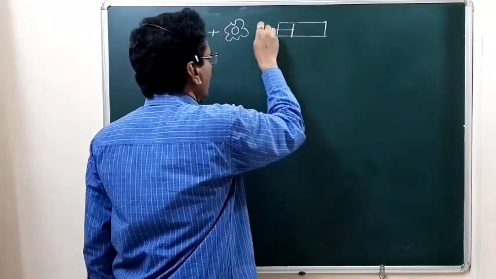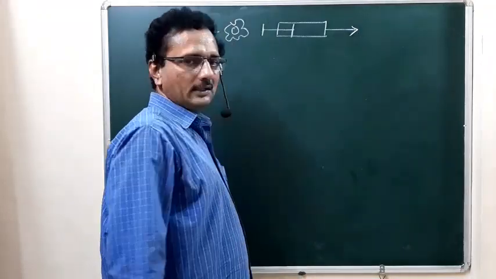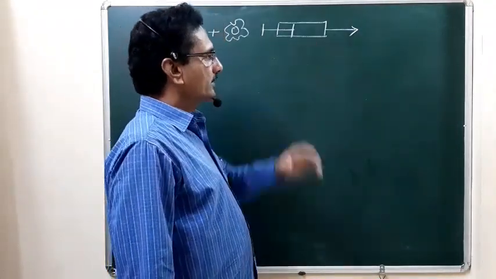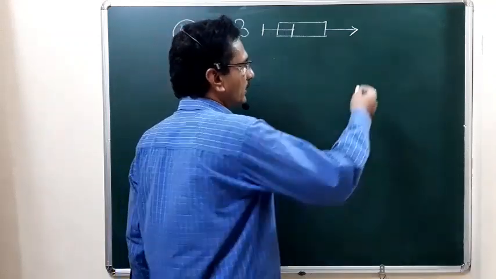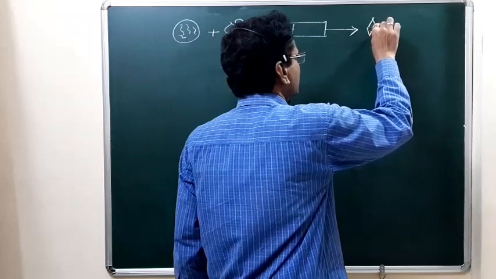What type of symptoms were shown by that mice? That mice immediately showed the symptoms of pneumonia disease, and at its severity, the mice died.